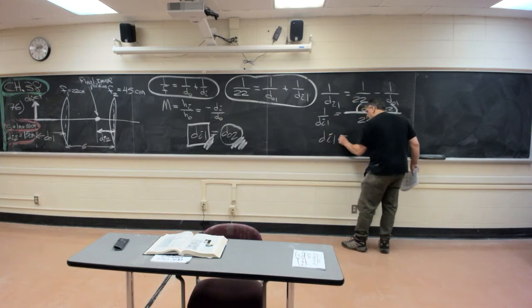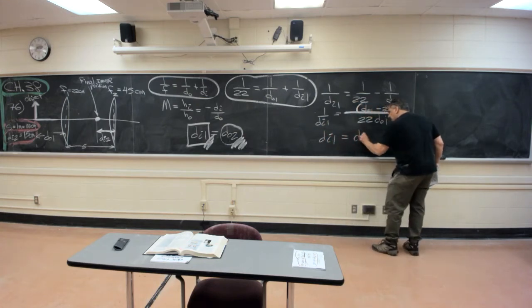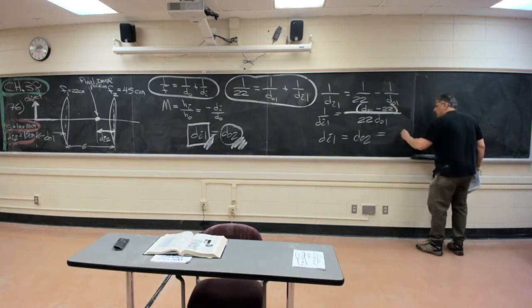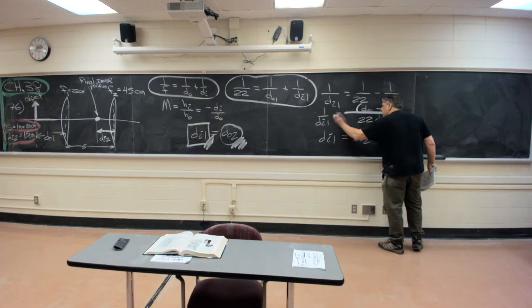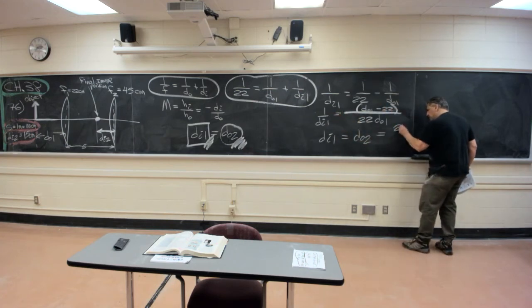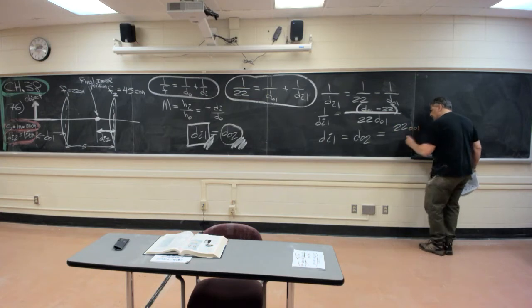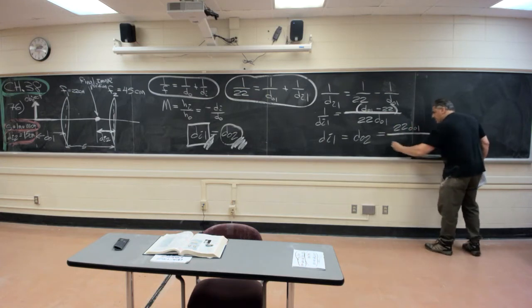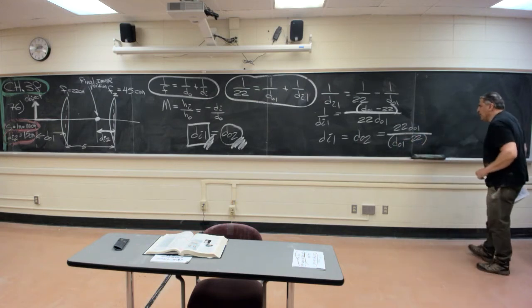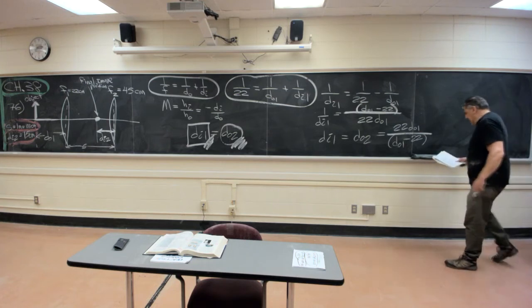Di1 equals DO2, and that's what I need. If two things are equal, their reciprocals are equal. So you got this.